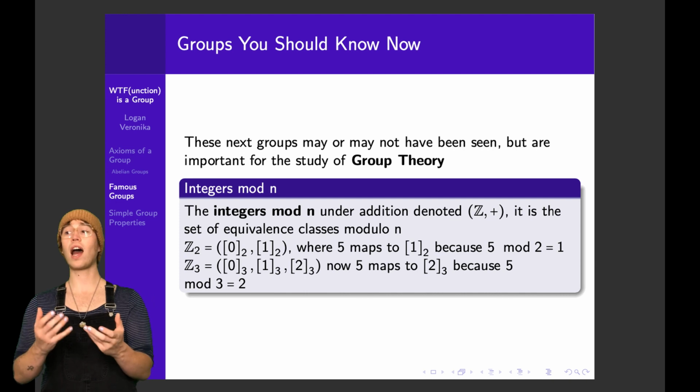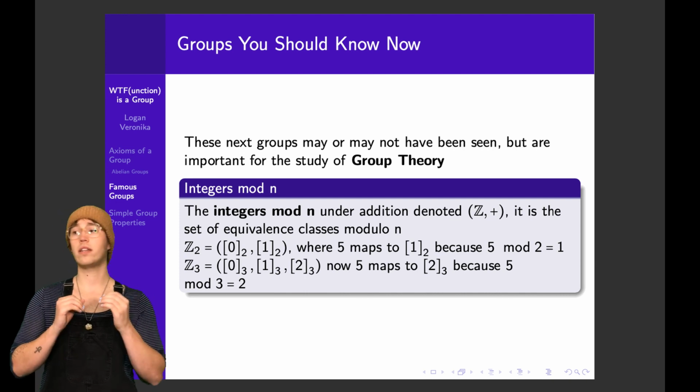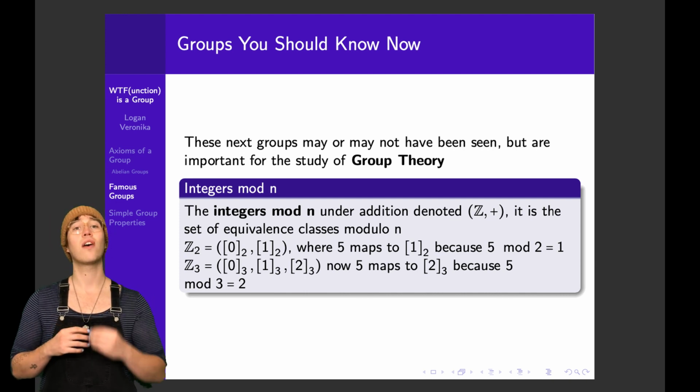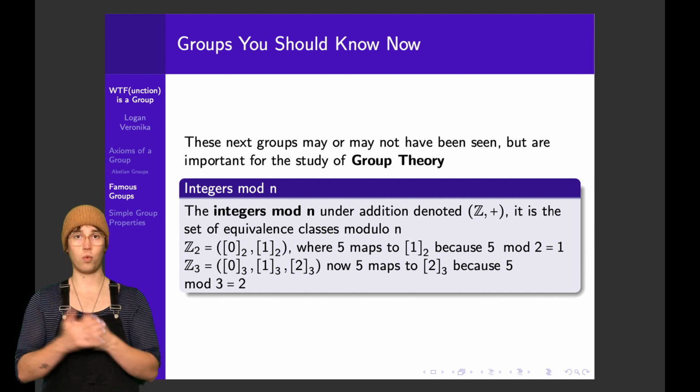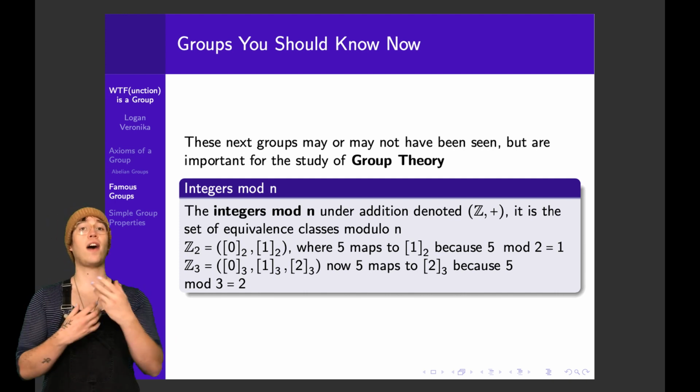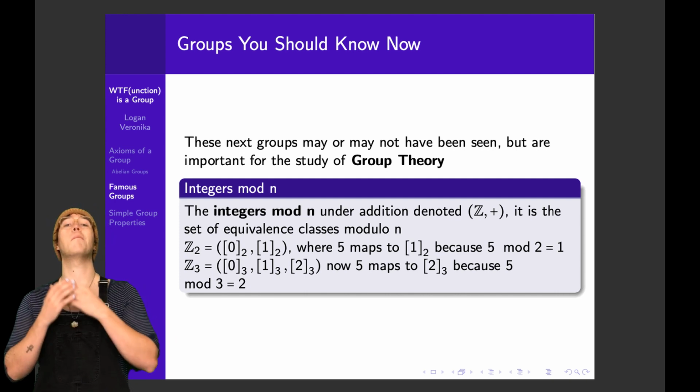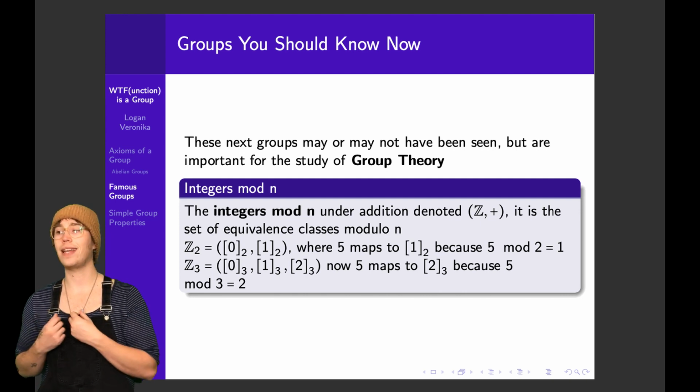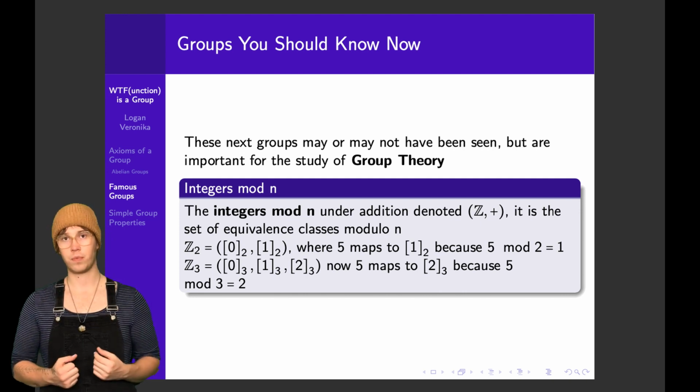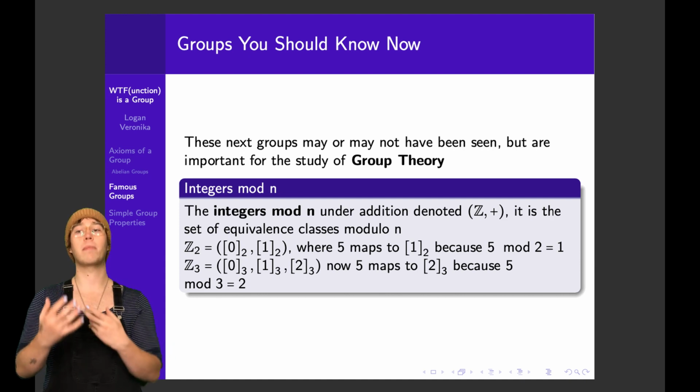And so 5 would map to [1]₂ because 5 mod 2 is 1. In other words, 5 divided by 2, the remainder is 1, and that's why it gets mapped to 1, because with modulo, we're mainly looking at remainders.